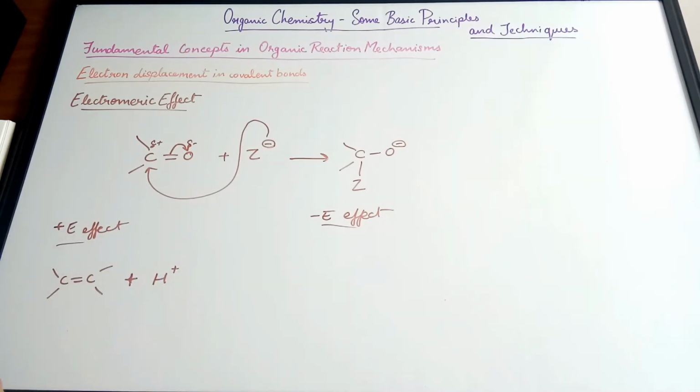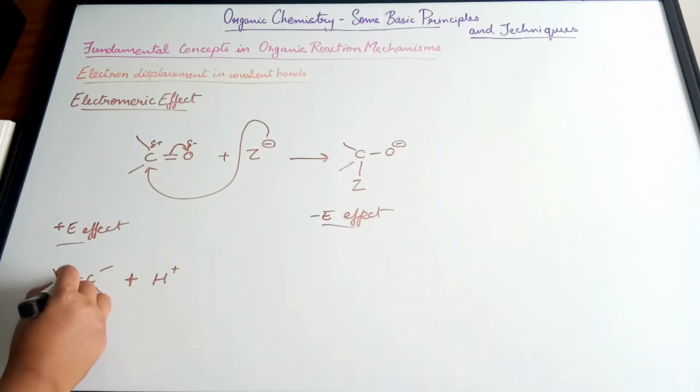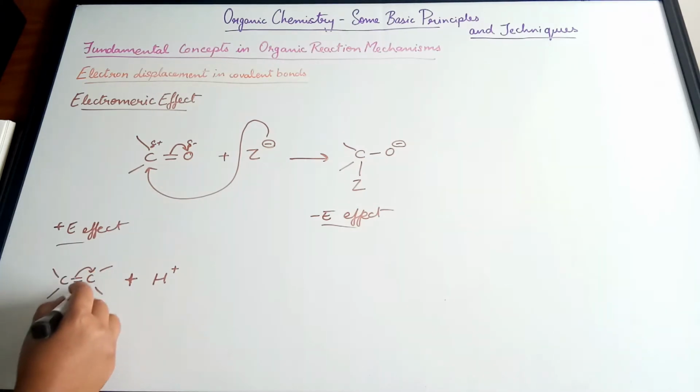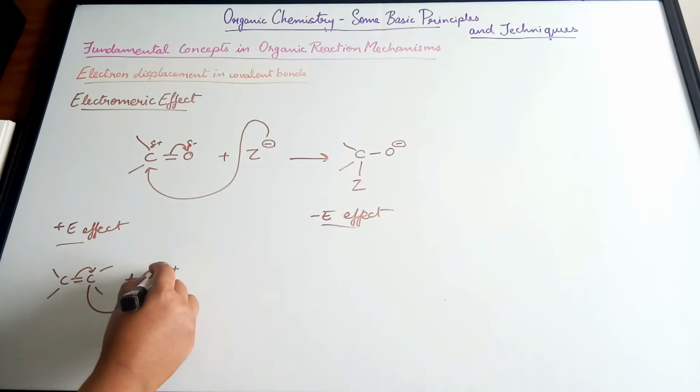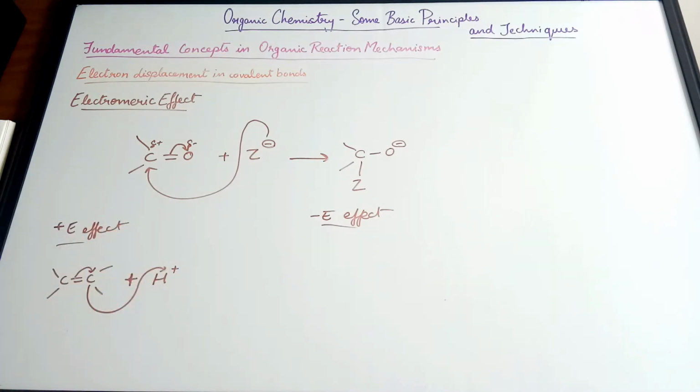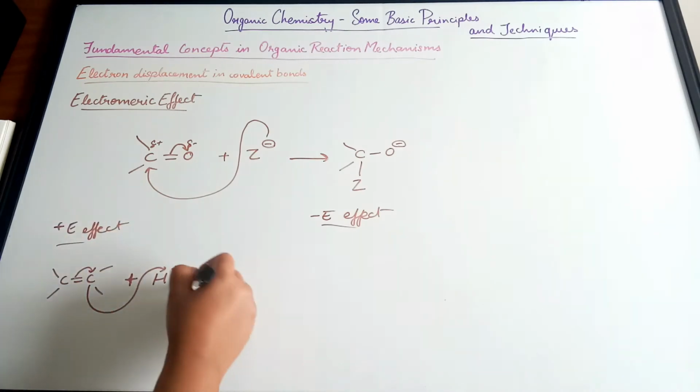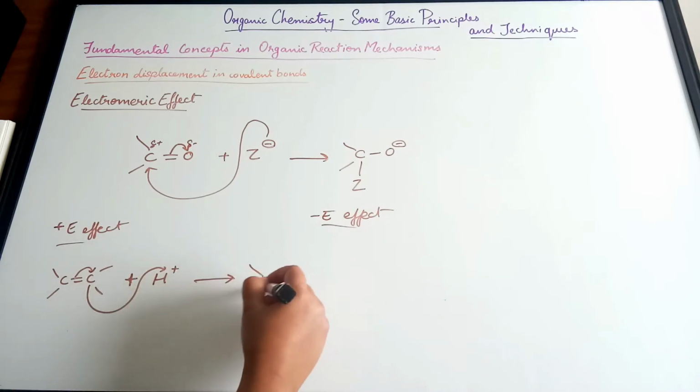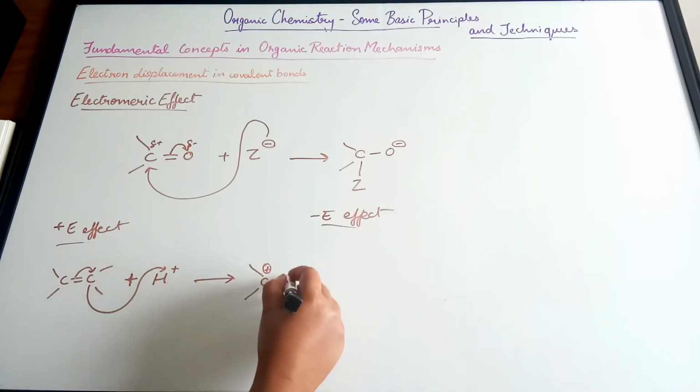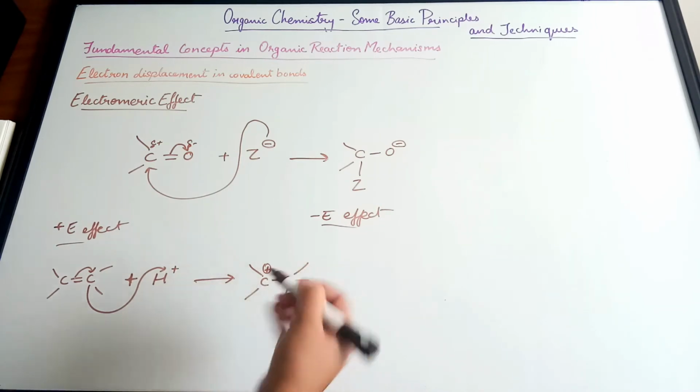So for H plus to attack this, first of all, electrons are going to shift to one of the carbon atoms, and it is then going to be bound to the hydrogen, and this will lead to the formation of a positive charge on a CH group over here.